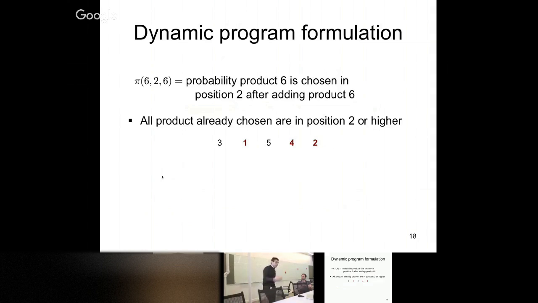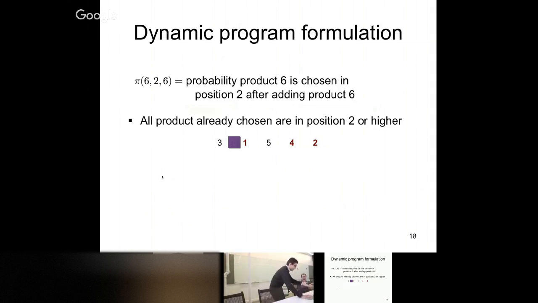That's going to be that all products that are in my offer set are in position 2 or higher, because if something is at position 1, then I cannot have 6 at position 2. And 6 should be inserted at position 2. Okay, so this is the only case.